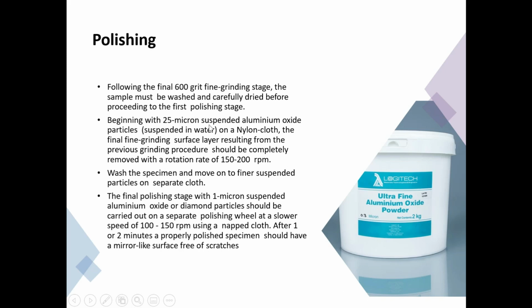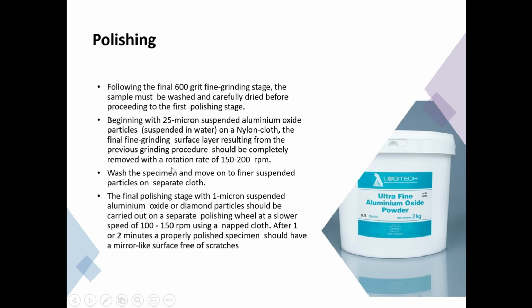Beginning with 25 micron suspended aluminum oxide particles on a nylon cloth, the fine grinding surface layer resulting from the previous grinding procedure should be completely removed with a rotation rate of 150 to 200 rpm. So, with different grades of oxides available in the market, using one by one we can go for polishing steps.